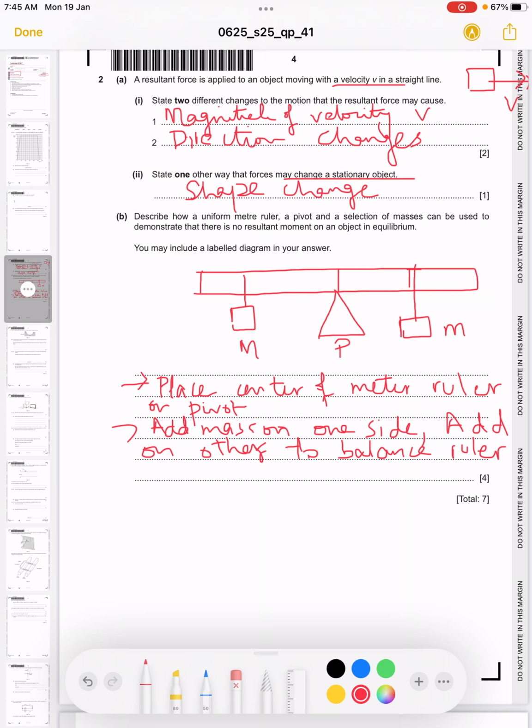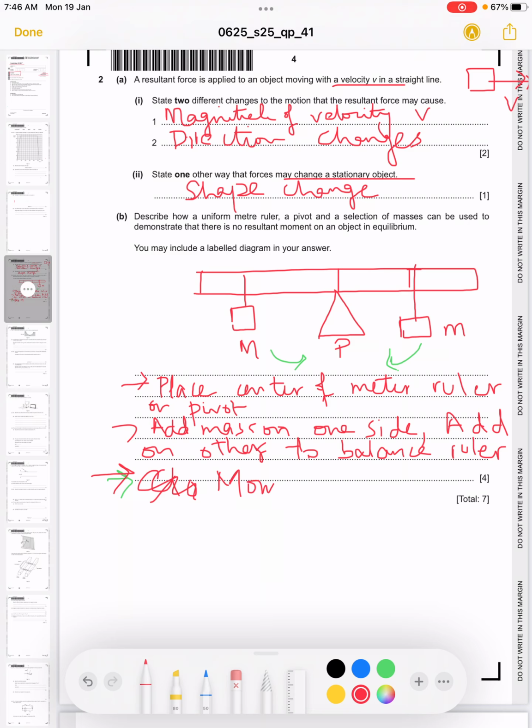Now you give them the formula for the moments. Wait, I will change the color to green. Basically there must be a clockwise moment and an anti-clockwise moment. First, I think we show them the moment formula.